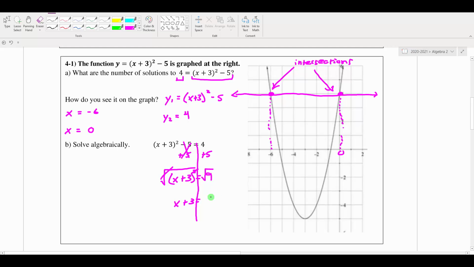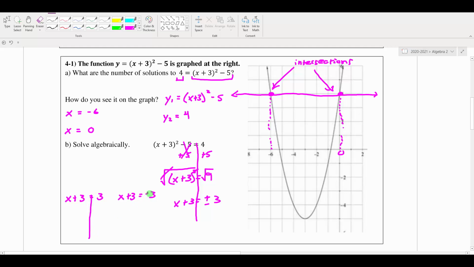Over here we take the square root of 9, and we have to be careful because when we square root a number, we actually get two solutions: a positive 3 and a negative 3. So we say x plus 3 equals either positive 3 or negative 3, and I can set that up as two different solutions: x plus 3 equals positive 3, and x plus 3 equals negative 3.